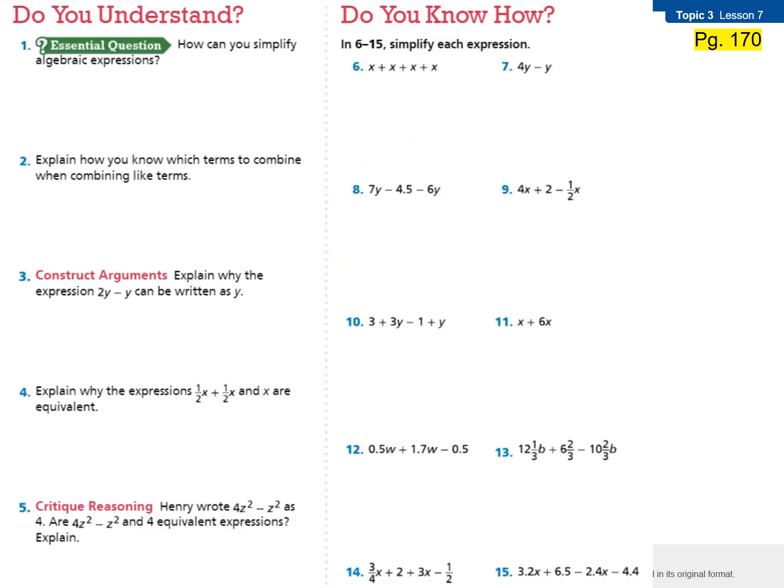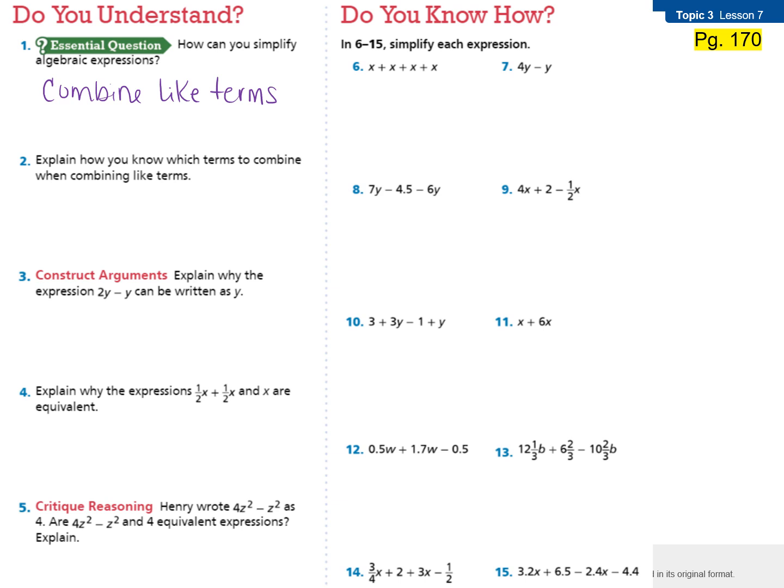Go ahead and go to page 170. Look at question number 1. Do you understand? How can you simplify algebraic expressions? To simplify algebraic expressions, you combine like terms. Number 2, explain how you know which terms to combine when combining like terms.